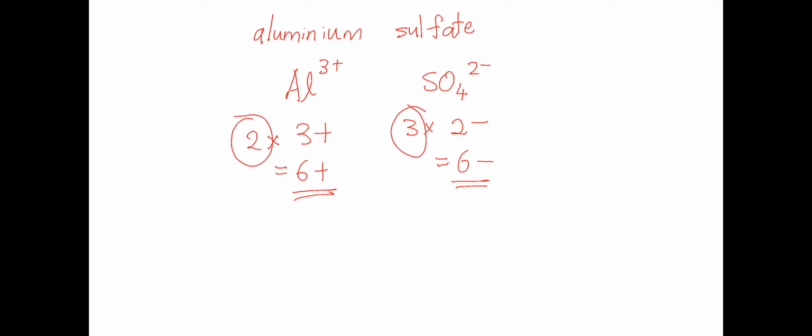Hence, aluminium sulfate is Al2(SO4)3. That is the chemical formula for aluminium sulfate.